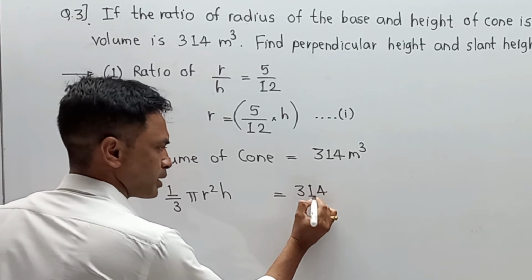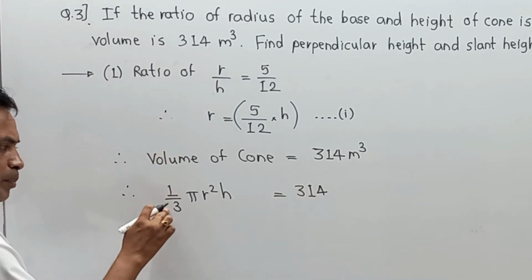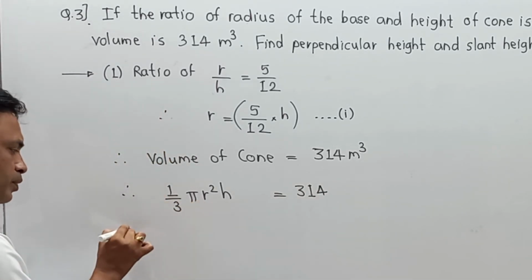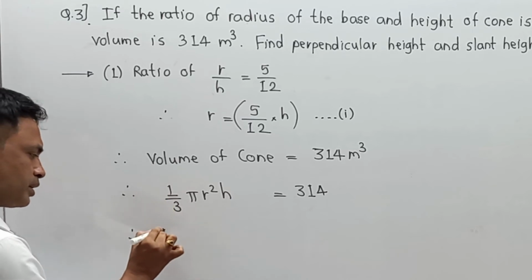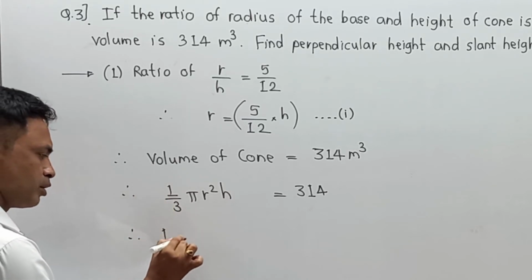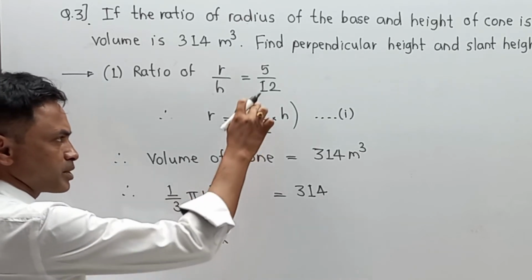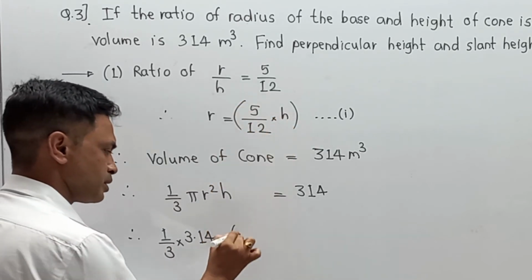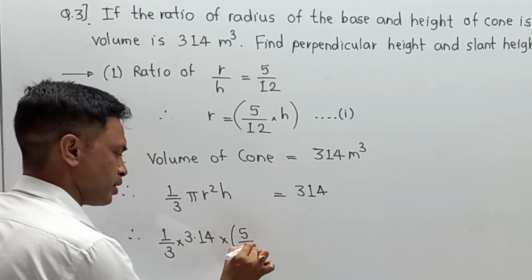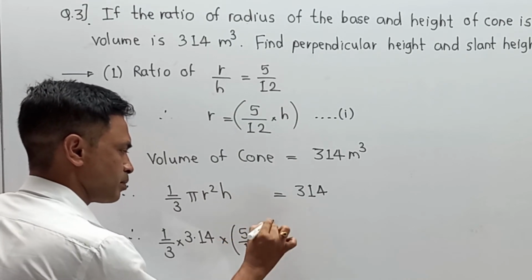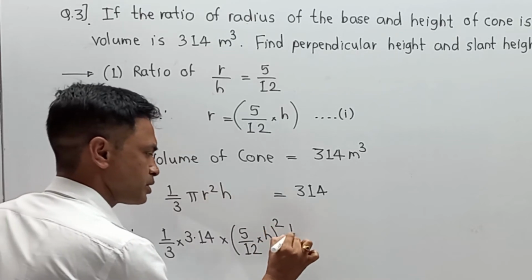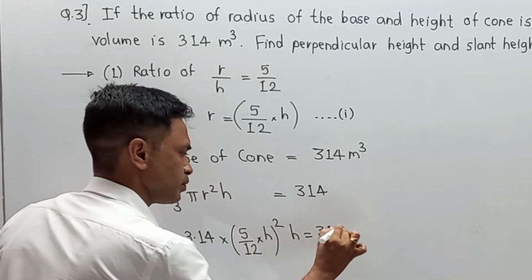Now one by one, 1/3 into pi, the value of pi is 3.14, into r square. r means 5/12 into h, so (5/12 into h) bracket square into h is equal to 314.